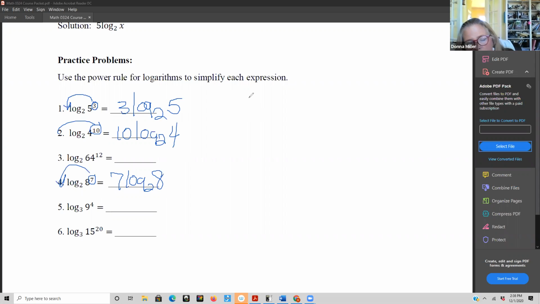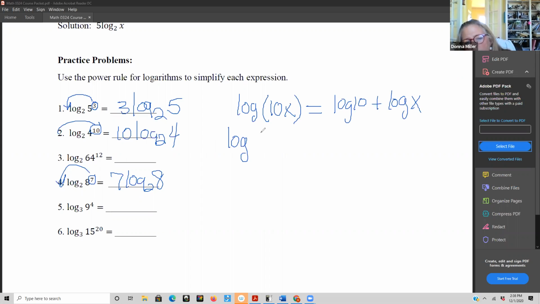You can also, if I had the log of 10x, a product turns into a sum. So if I want to turn it into the sum, it's the log of 10 plus the log of x. A product turns into a sum. I don't care what the product is. This would be the log of 3 plus the log of y.